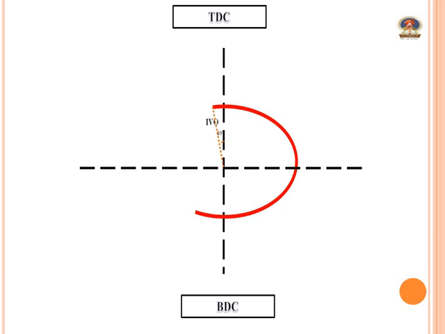The piston moves from TDC to BDC. When the piston reaches BDC, the suction stroke ends, but the flow of air continues because of the inertia of air.